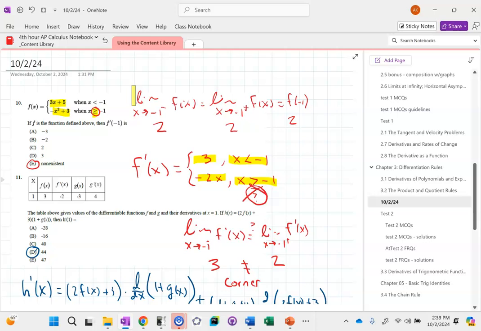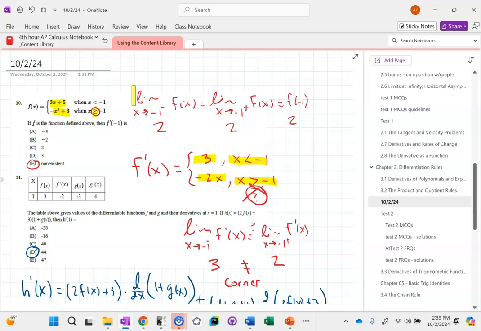Then I have to check to see if there's a corner by looking at the derivative, left hand, right hand at -1. And that'll also give me the vertical tangent if I look at the derivative at -1. That's what I mean. Does that make sense? So all I'm talking about is deciding whether you get a less than or equal to at the boundary.